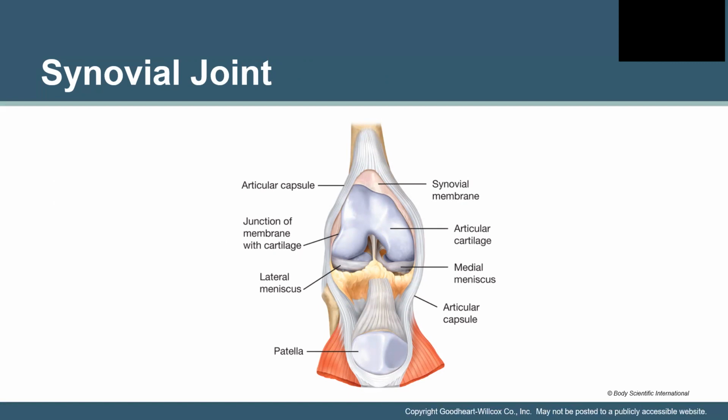The synovial joint itself has an encapsulation formed by what's called the articular capsule, and that's created by other types of connective tissue, tendons or ligaments, holding things together, and it will surround this joint, holding the fluid in place, as well as other structures.